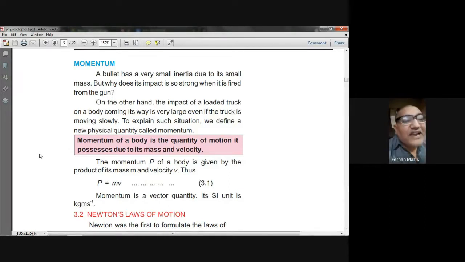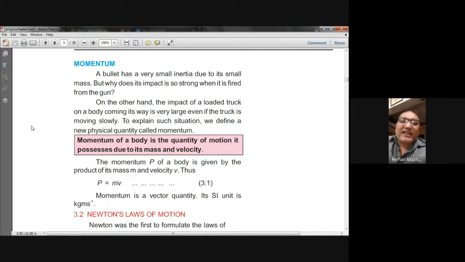Momentum is a vector quantity. Its SI unit is kg meter per second. So that was the momentum. You have learned about three terms. The first term is force, the second term is inertia, and the third term is momentum.